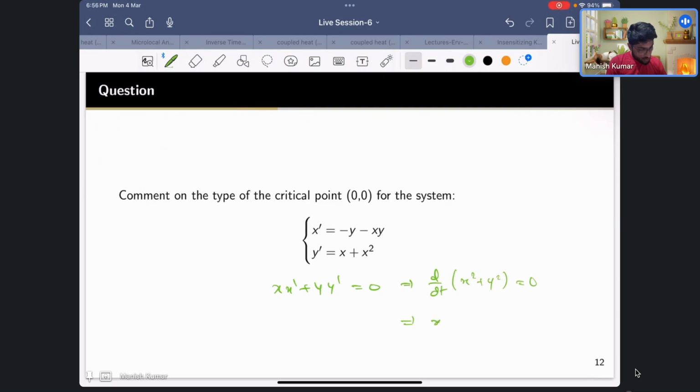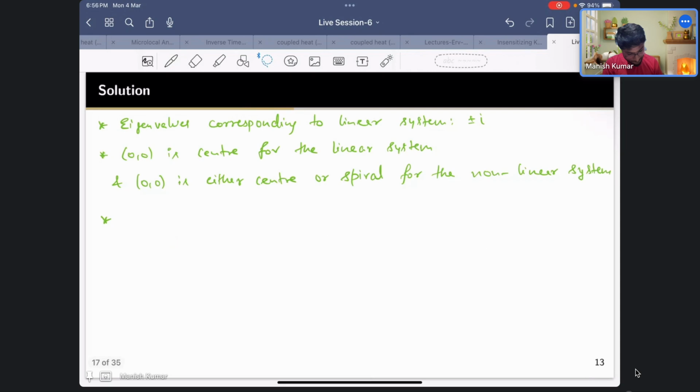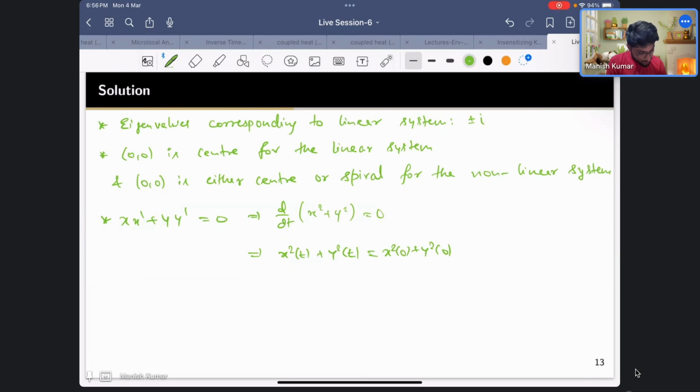This means that x square(t) plus y square(t) is constant, and this is nothing but x square(0) plus y square(0). So this means that 0 0 is a center for the nonlinear system.